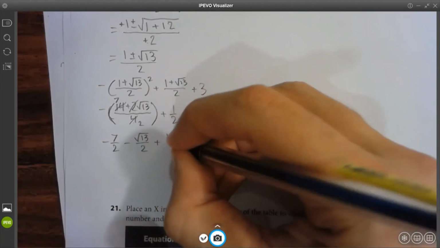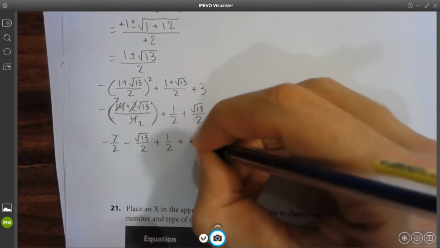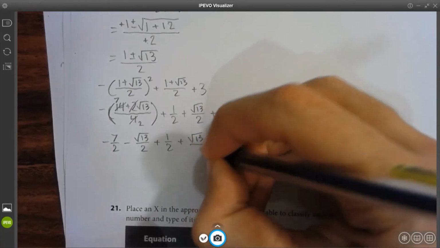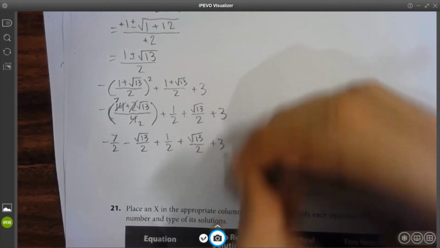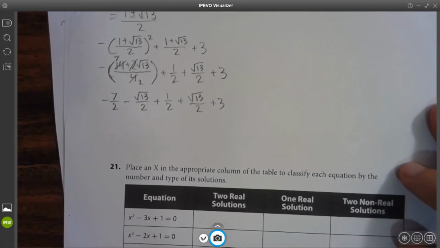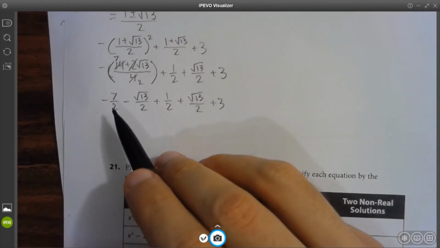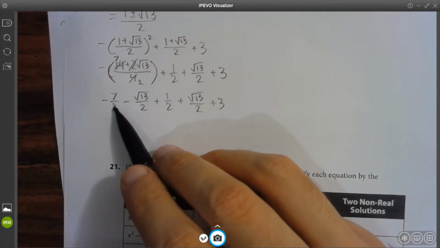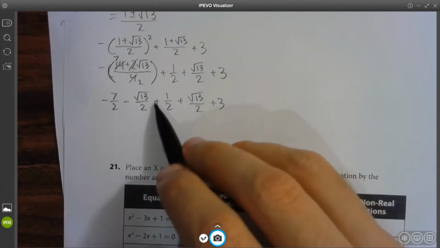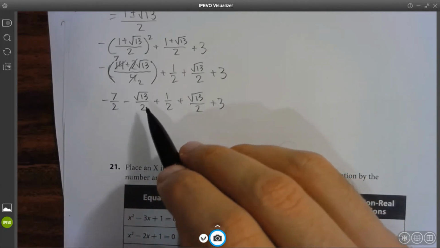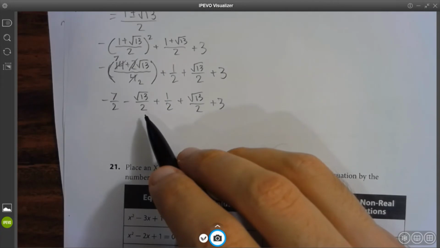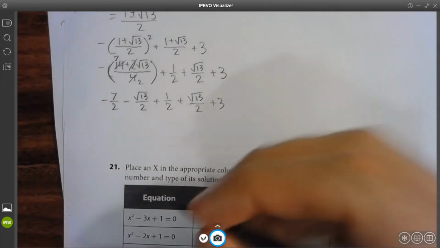Now we're having fun. Plus 3. Holy moly, this one is crazy. Let's go ahead and keep going though. So negative 7 over 2 plus 1/2. That's negative 6 over 2, aka 3, or negative 3 rather.